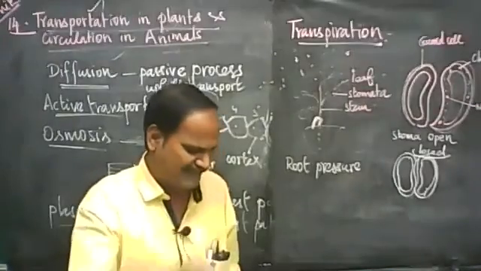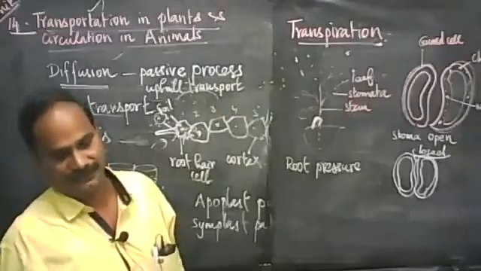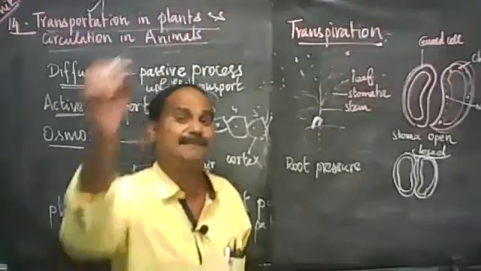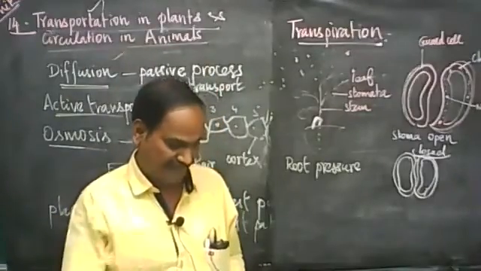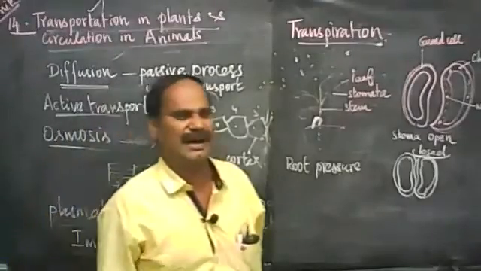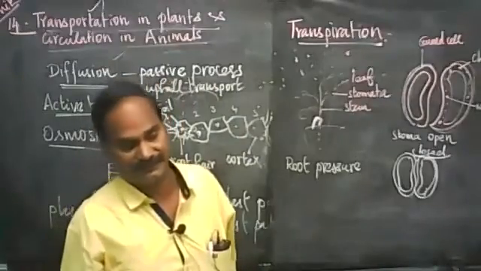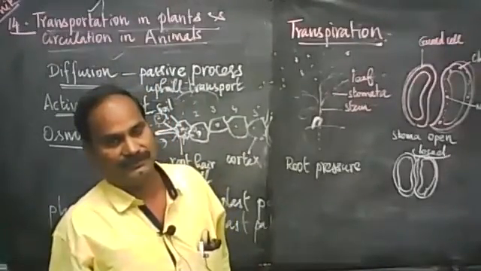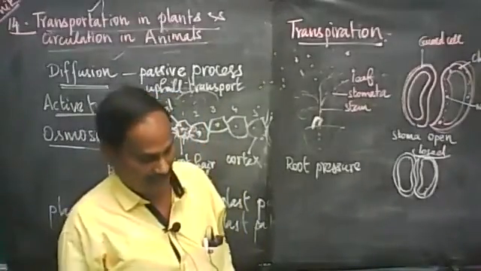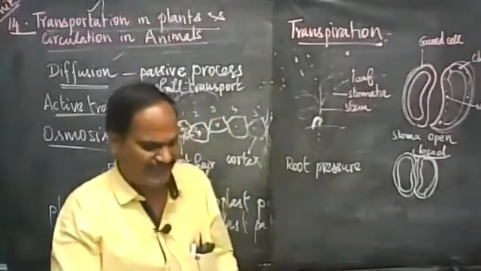So two factors account for this. The minerals are present in the soil as charged particles that cannot move across the cell membrane. The mineral salts are positively charged particles and negatively charged particles. They cannot.